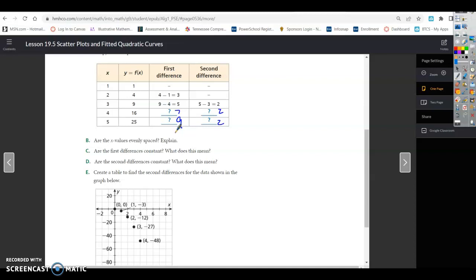Let's write this down here. Let's write yes for this one, and if we explain, these are a difference of 1. Are the first differences constant? No, so not linear.